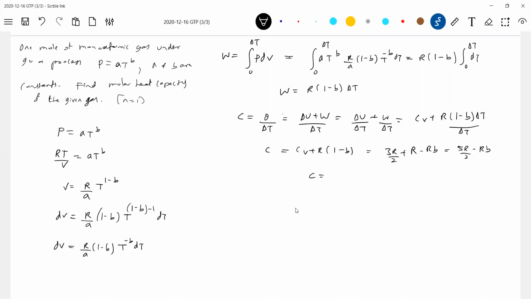So what is our formula finally? Let's get into the discussion of the value of B, the process and the molar heat capacity. Let B equal to 1. Anybody want to say? Isochoric. So this will be 3R by 2.